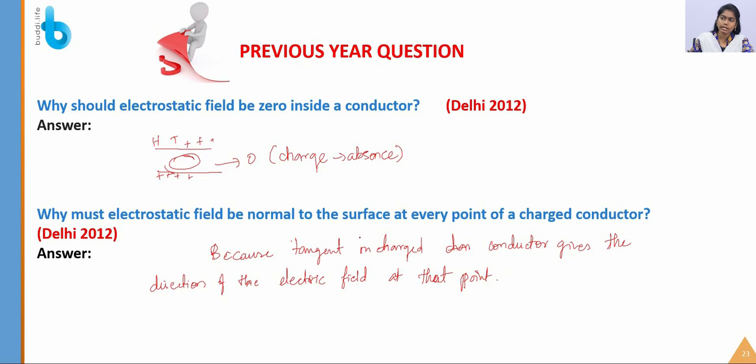So this is the reason why the electrostatic field must be normal to the surface at every point on the charged conductor.